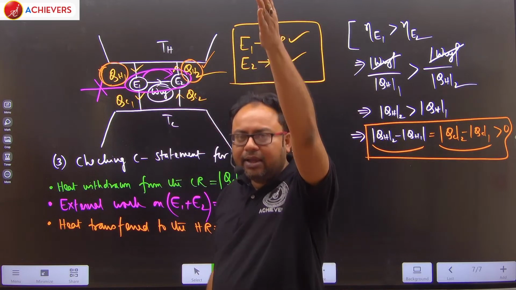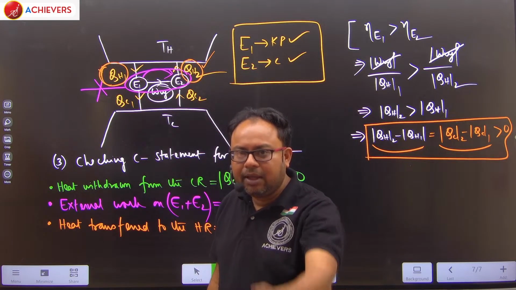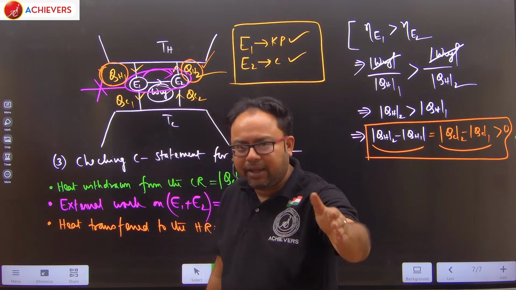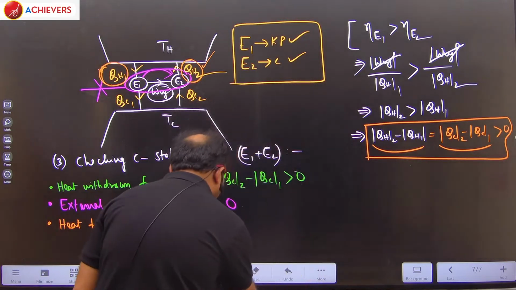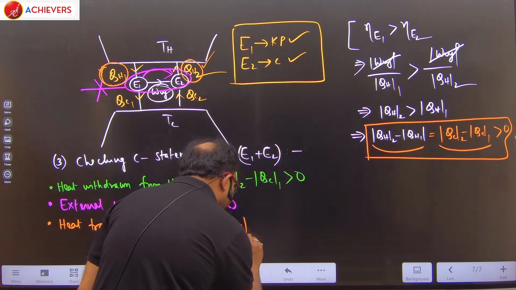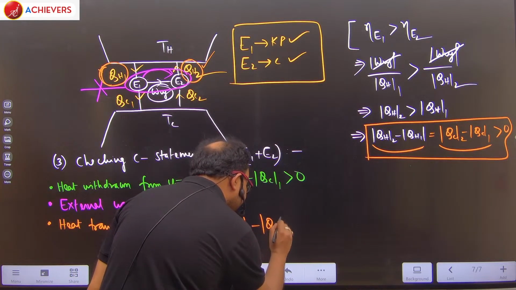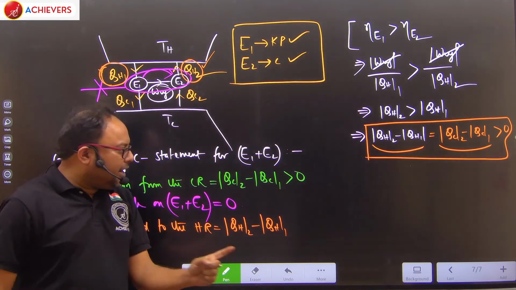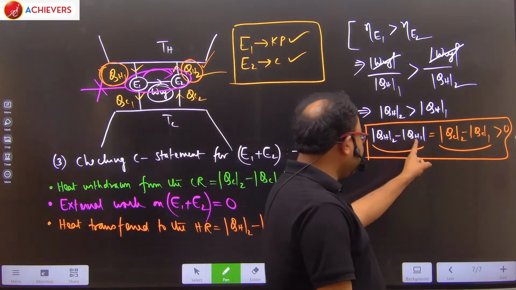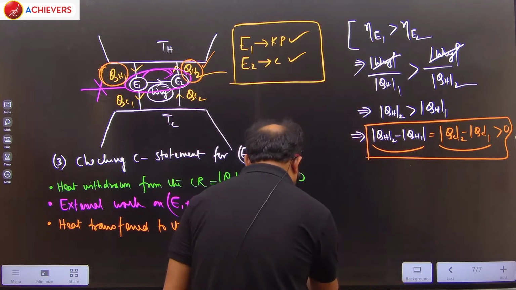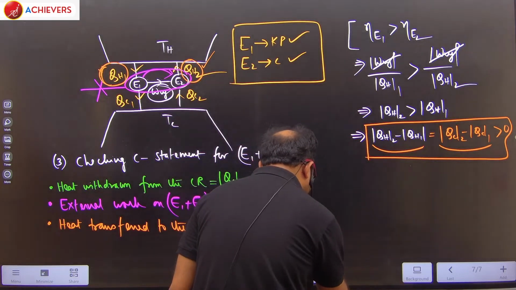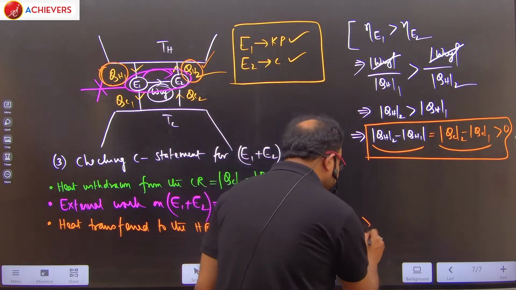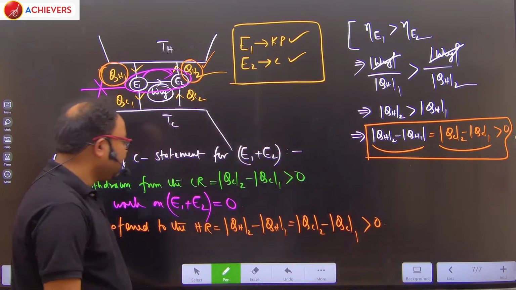QH2 is going, QH1 is coming. So it amounts to mod QH2 minus mod QH1. And we already know that mod QH2 minus mod QH1 is equal to mod QC2 minus mod QC1, and both are positive.